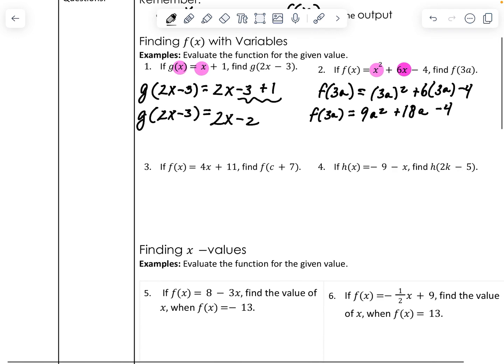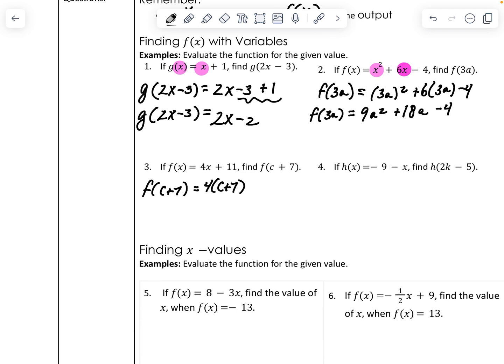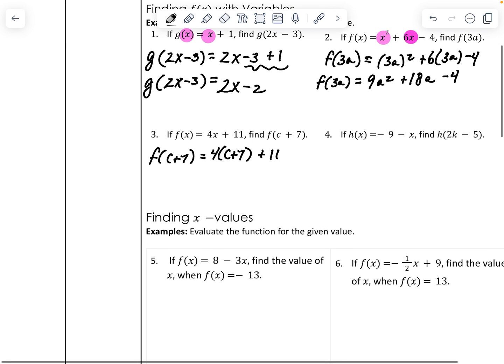All right, so how about number 3? If f of x equals 4x plus 11, find f of c plus 7. So again, I'm going to take my c plus 7 and put it where I see the x. All right, so let's simplify.